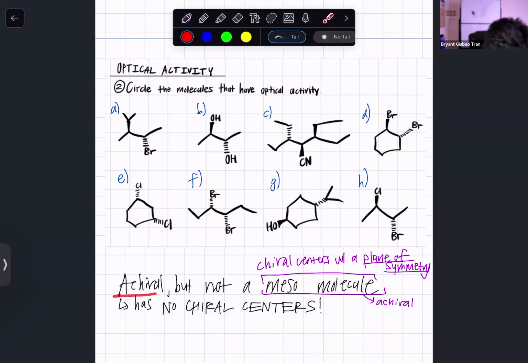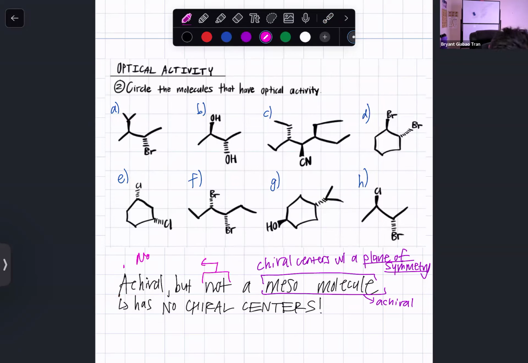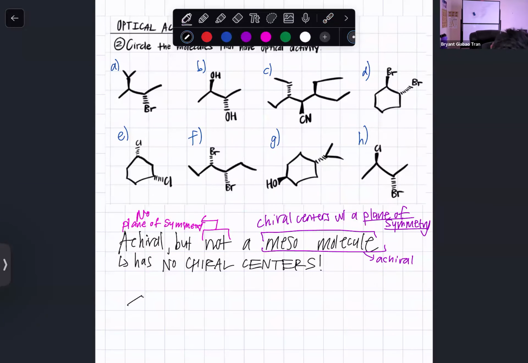But to be achiral and not meso, there's no plane of symmetry. So an example of that would be something like this.